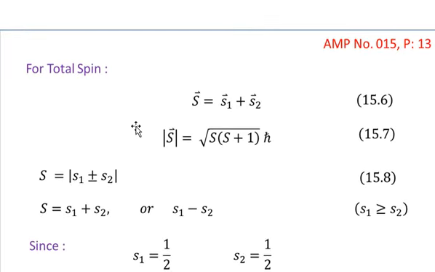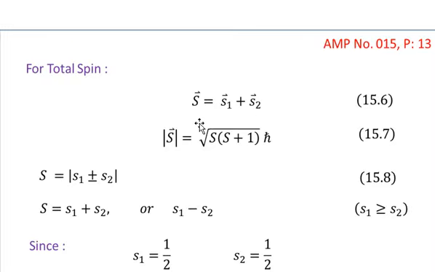Now for the total spin capital S, the total spin angular momentum capital S is equal to the vectorial sum of the individual spin angular momenta S1 and S2, as shown in equation number 6.